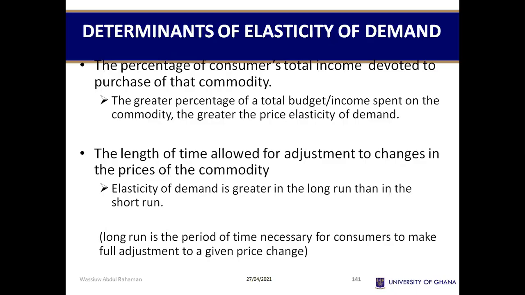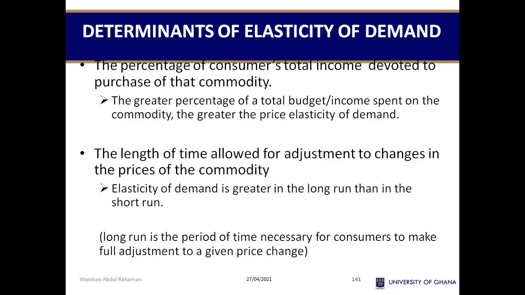In terms of necessities and luxuries, necessities have a lower own price elasticity of demand because we cannot do without them, so we do not respond so much to price changes. A luxury has a higher own price elasticity of demand because we can do without it.